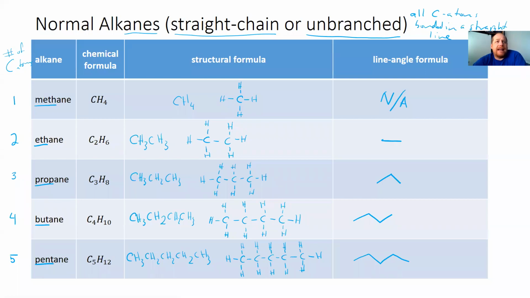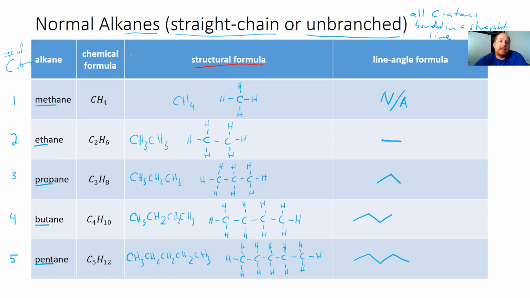All right, so last time we wound up talking about alkanes, specifically straight chain alkanes or unbranched alkanes, and we looked at a couple of different types of formulas, right? We looked at a structural formula, which is basically a Lewis structure.